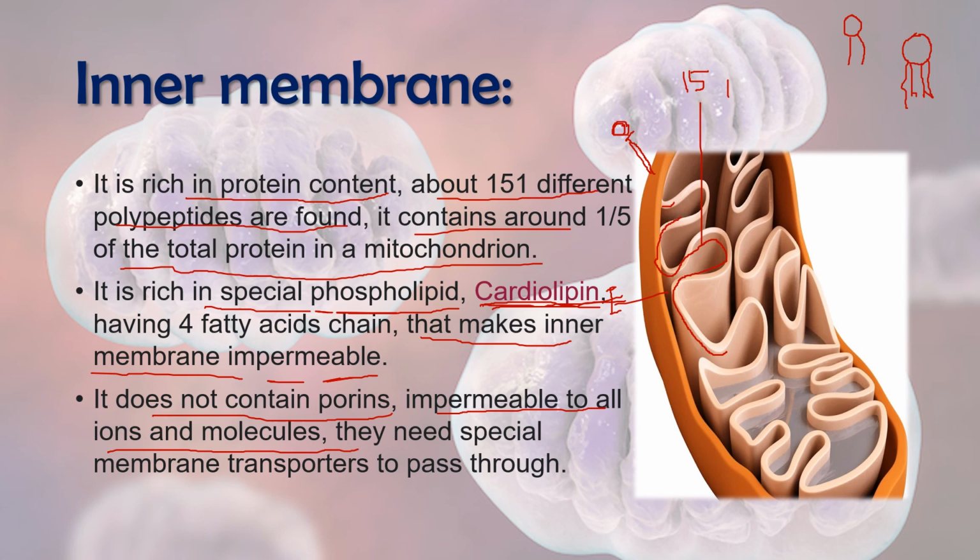For transporting ions and molecules, it needs special membrane transporters which help them to be transported from the intermembrane space to the matrix, or from the matrix to the intermembrane space. So molecules or ions cannot easily pass across the inner membrane.